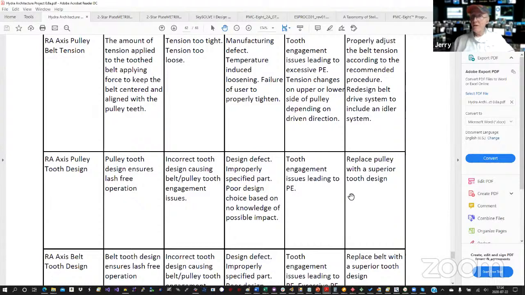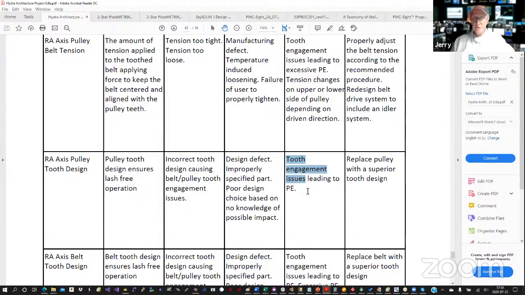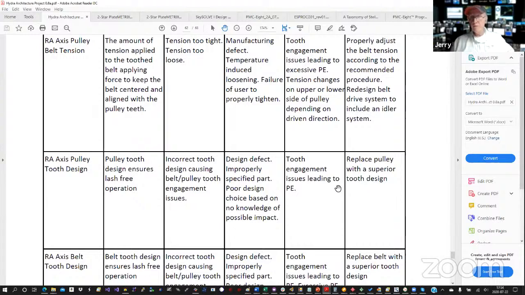These are some of the things that we run into and have documented. So I talk about that here: tooth design issues leading to PE. In our future designs, we want to do the best we can to provide a better design. So that's another example of a design issue rather than a break-fix type thing.